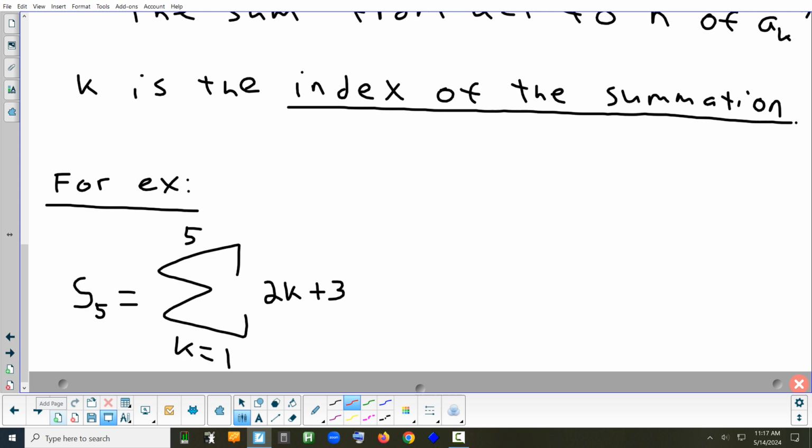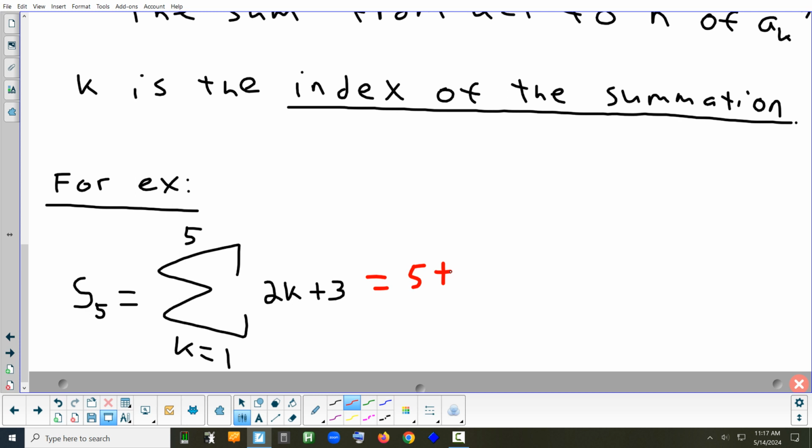All right, so if I wanted to take this and actually write it out the long way, here's the formula. What's the first value they're telling us to plug in for k? 1. What's 2 times 1 plus 3? 5. What's the next value we plug in for k? 2.